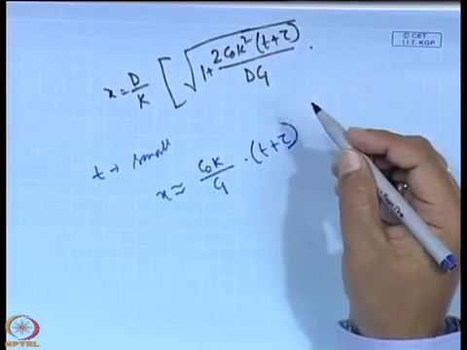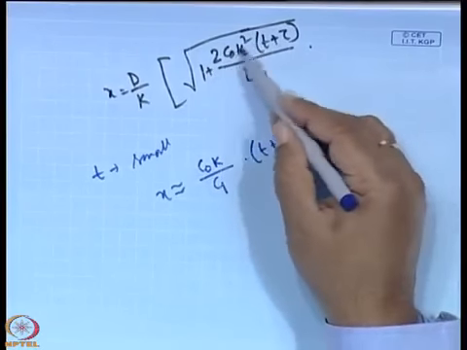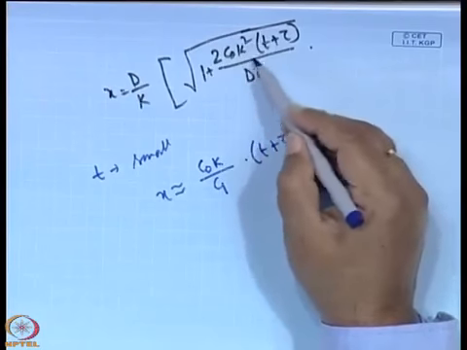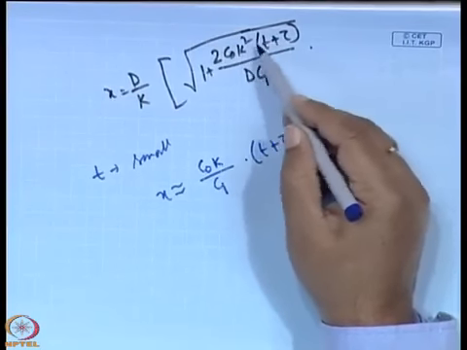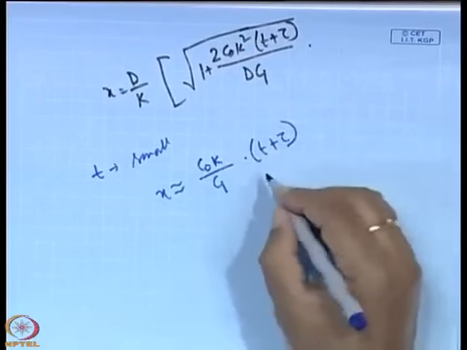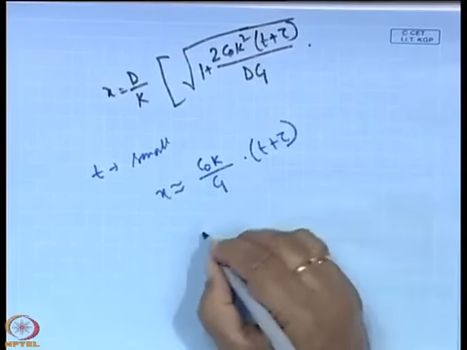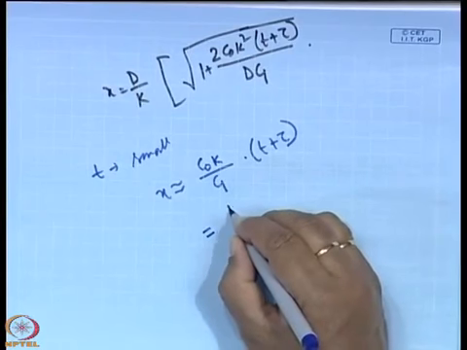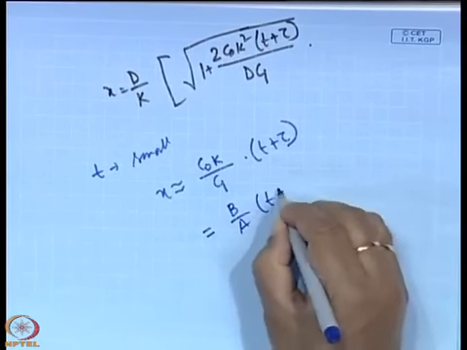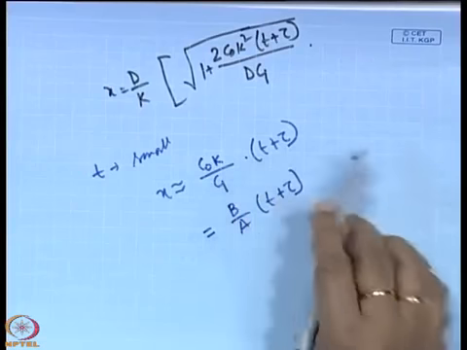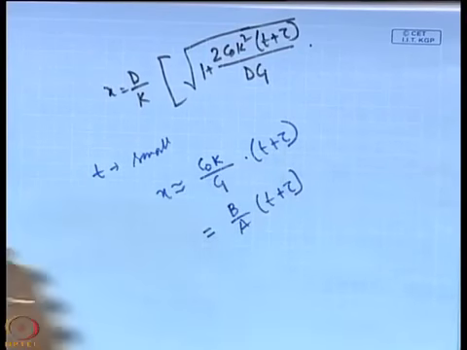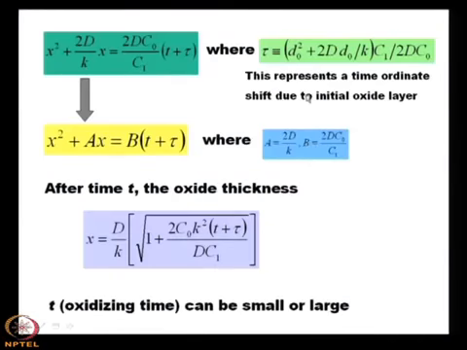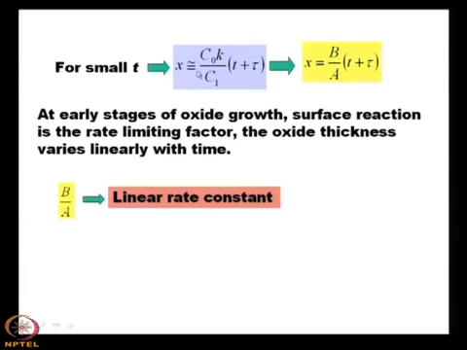How can this be approximated? In that case we can consider that the numerator of this fraction is very much greater than 1, and we can write it in this manner, which equals B/A into (t plus tau). This B/A equals C0 k/C1, that can be written from here, because we have assumed the value of A and the value of B, and if you take the ratio B/A, you will arrive at this expression.